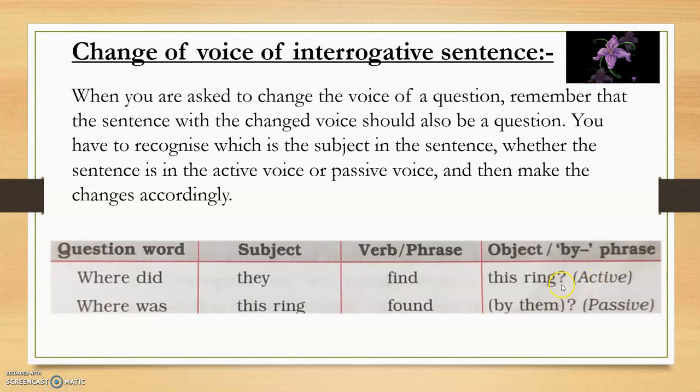Now, you need to find out whether it is active or passive. You have to ask who is doing the action. They. So it is obviously the subject. Okay, it is an active voice. Then you make it into passive. Now when you make it into passive, the subject will go into the predicate, the second half. So, where was this ring found?